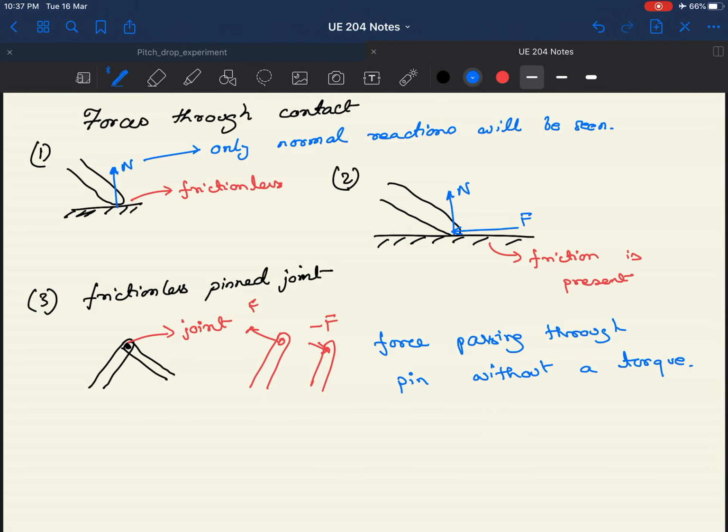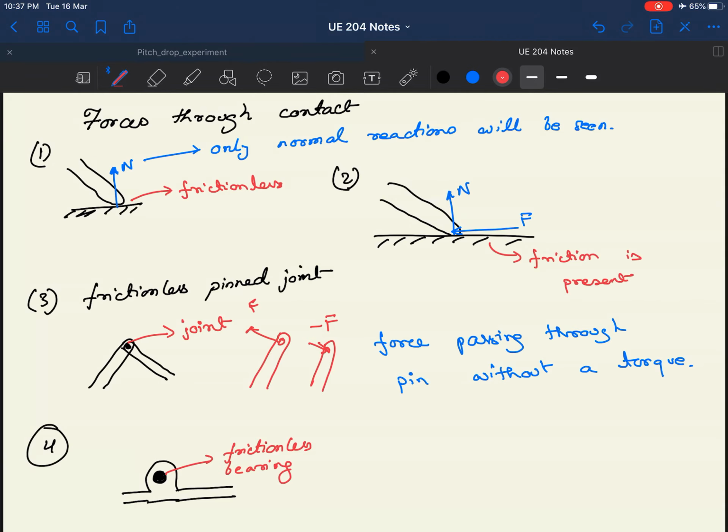So similarly, you can have a frictionless bearing. So I'll do one more example, and then I'll stop here probably. Okay, so the frictionless bearing.